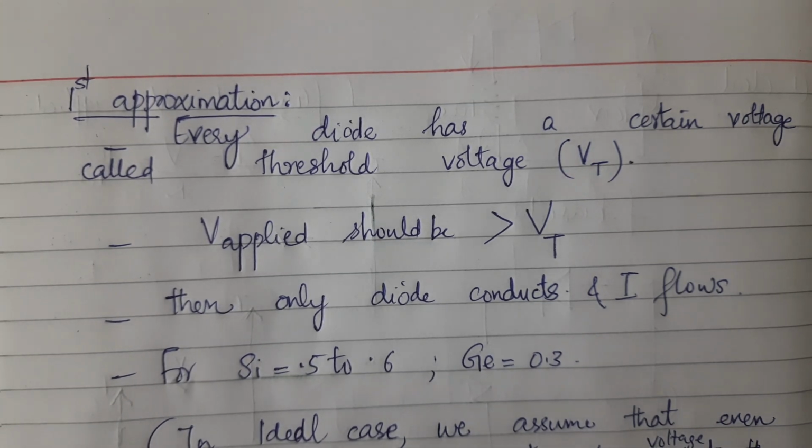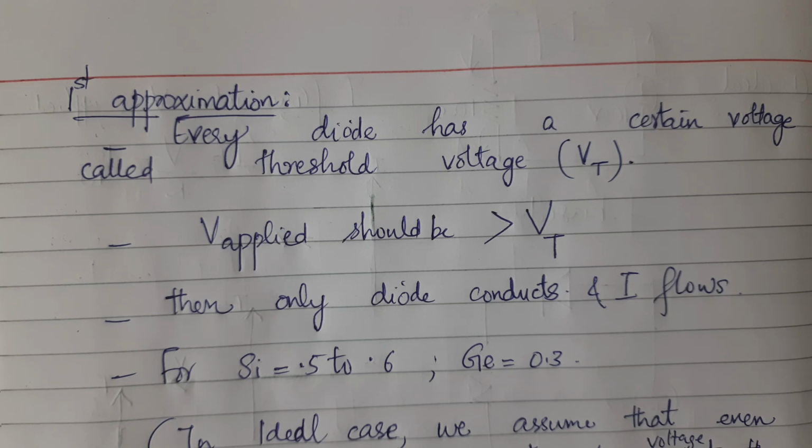But in reality that is not the case. We have to apply a voltage which is greater than a particular voltage. Then only will the current start flowing in that diode, and that is different for different diodes.